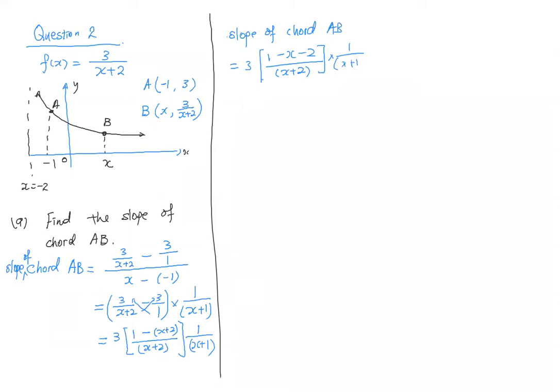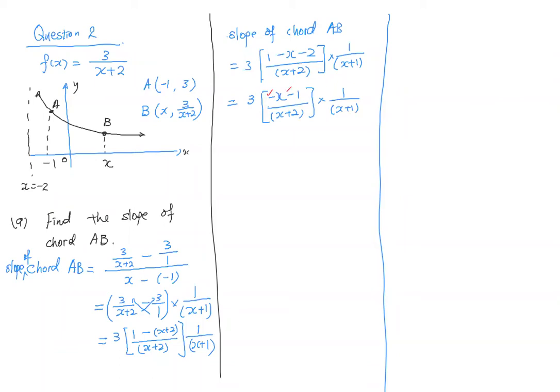In the exam, you don't have to write step by step, if you can. But this one, I write step by step, to explain to everyone how I get the answer. If you don't want to take the 3, it's also fine, I will leave it to you. -1 minus 1 and negative x minus 1 over x plus 2 times 1 over x plus 1. What I can do is factorize out the negative sign here.